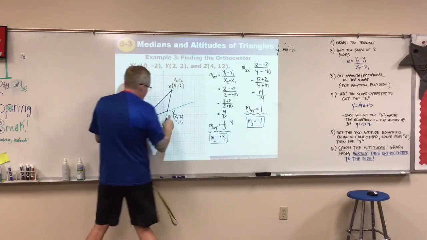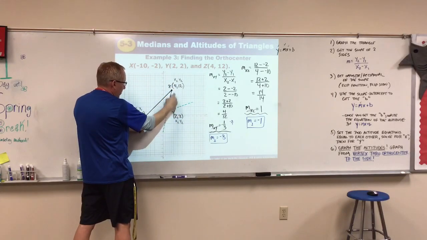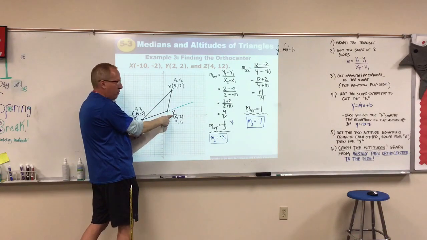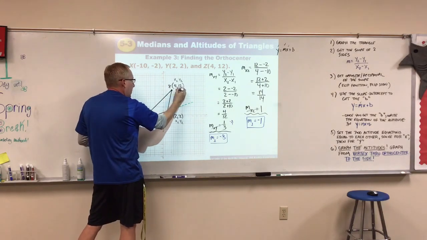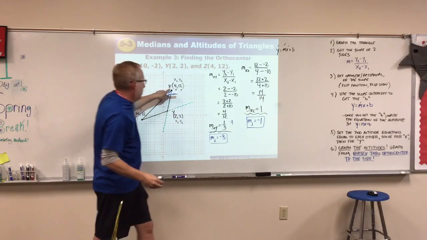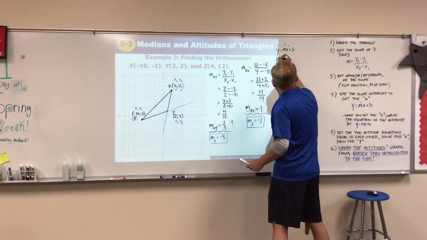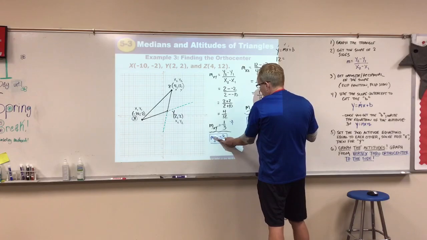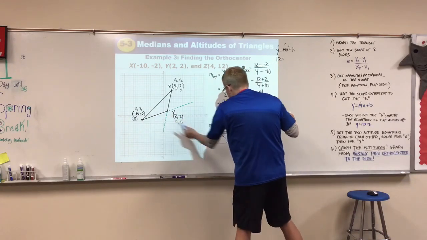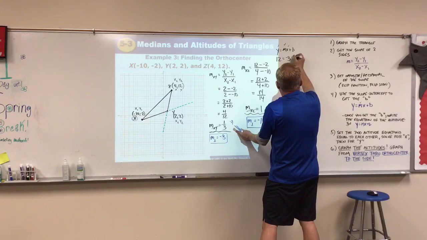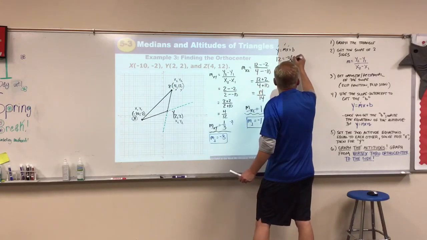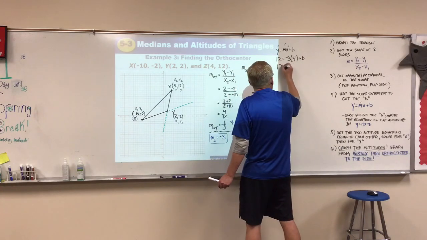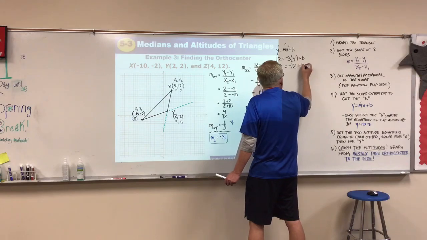So I need to use where the altitude goes through, and this is the opposite side. If I'm using x, y, you use the point of the letter that you don't use. In this case, this is z. This is going to be x and y, since this is the opposite vertex. So I'm going to write 12 is y equals this slope, since it's tied to that. This is going to be negative 3 times x, which is 4, plus b. Negative 3 times 4 is negative 12. 12 equals negative 12 plus b.